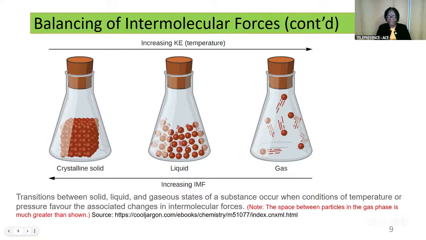And as you supply that energy, whether you supply it in the form of heat, of course, it is used as kinetic energy to increase the motion of the particle. So as you can see in this diagram I've shown you, with an increase in temperature, we change the state from solid to liquid and then to gas.